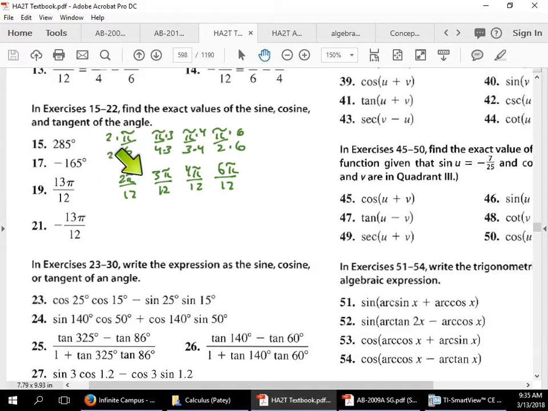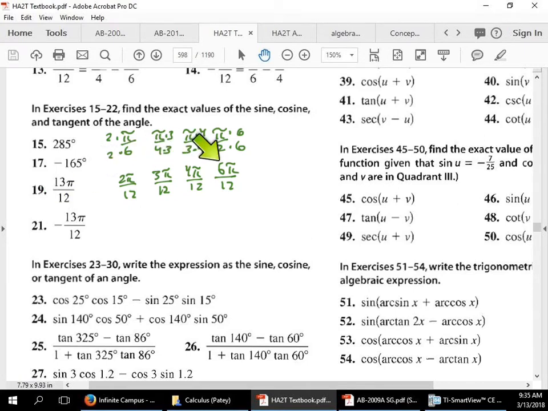Can you see how I can use these to get negative 13? If I make them all negative. Let's see. Two 6 pi's would give me 12 pi, but I need 13 pi.